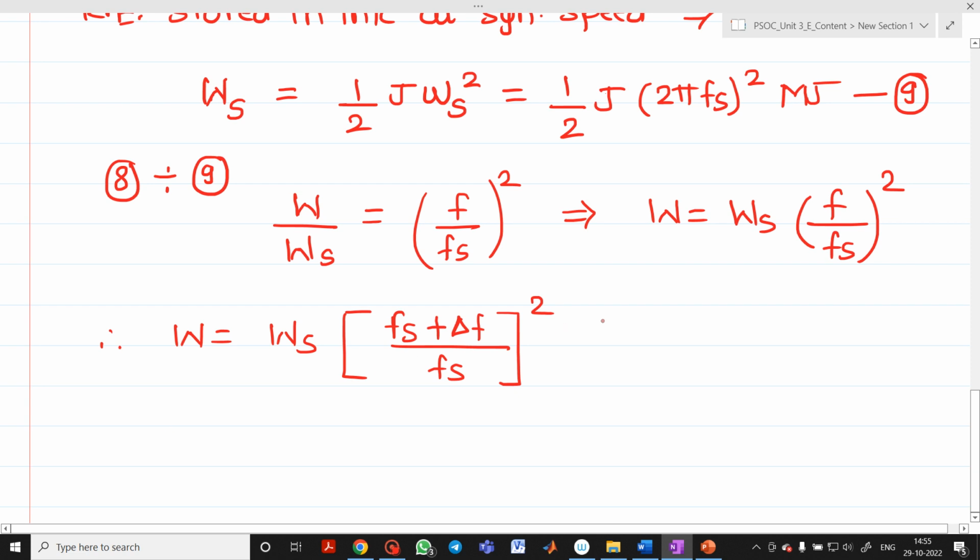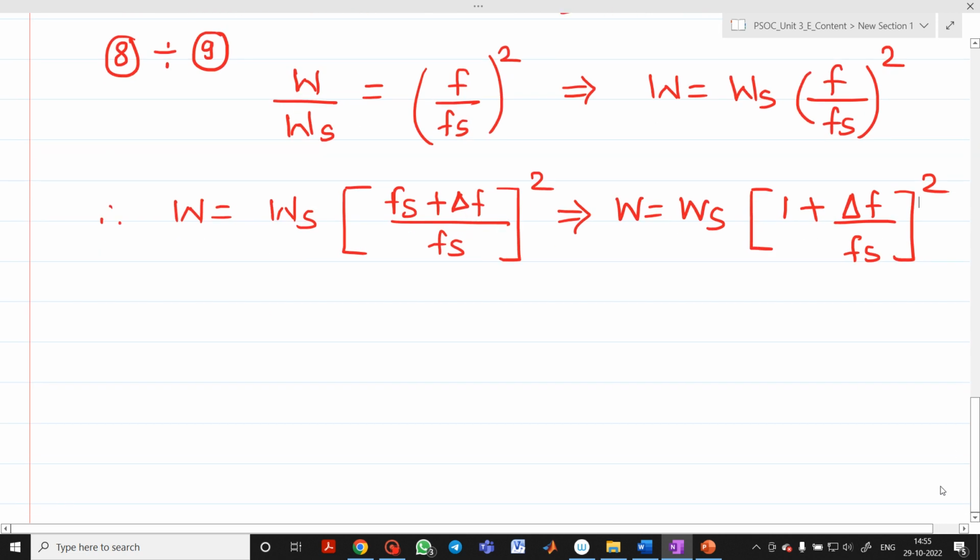If I separate the denominator, then W will be equal to W_s into bracket (1 plus Δf upon f_s) total bracket square. Now we know the formula of (A plus B) square. So I will write it based on that formula. W will be equal to W_s into bracket A square, that is 1, plus 2 into Δf upon f_s, which is equal to what?